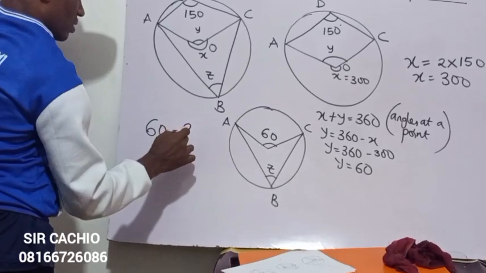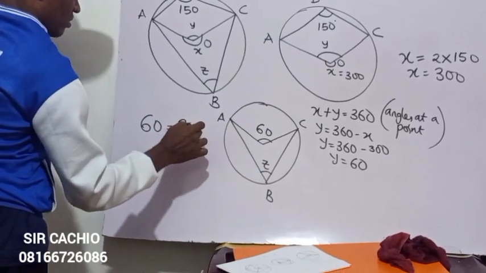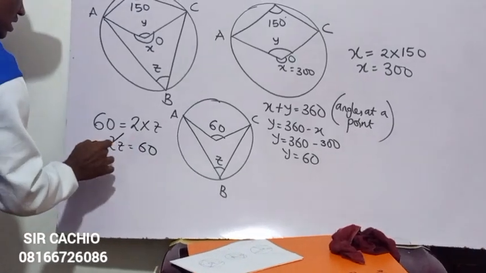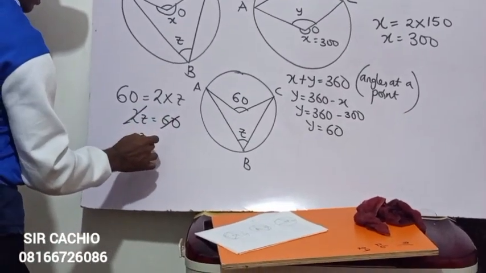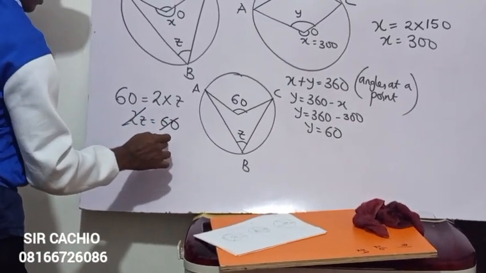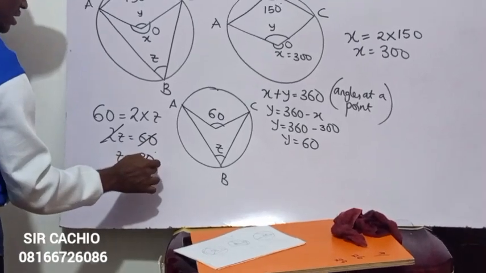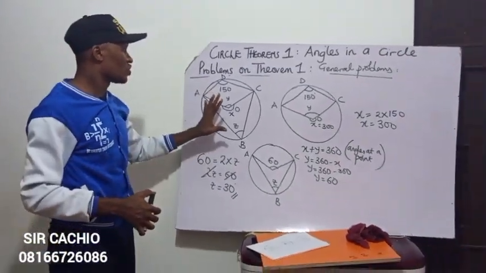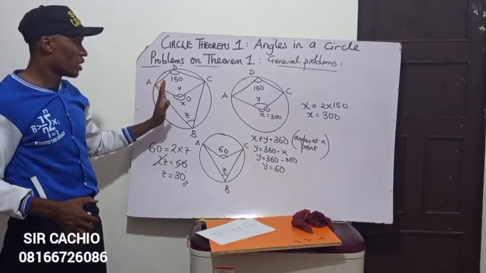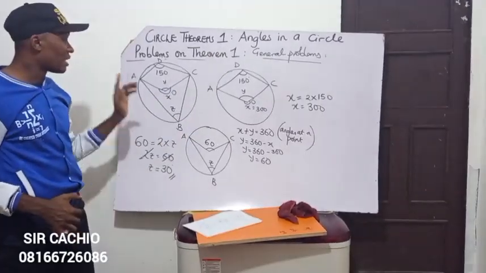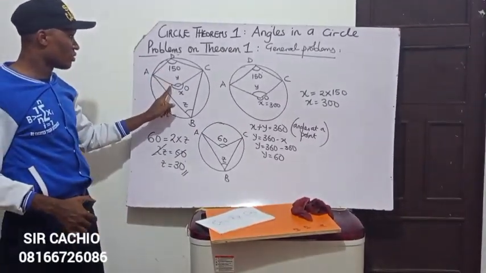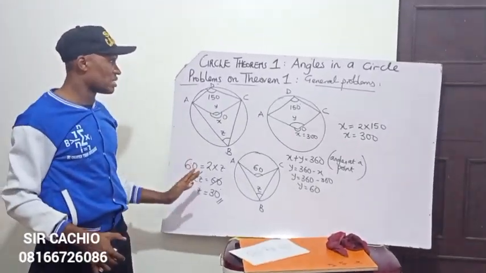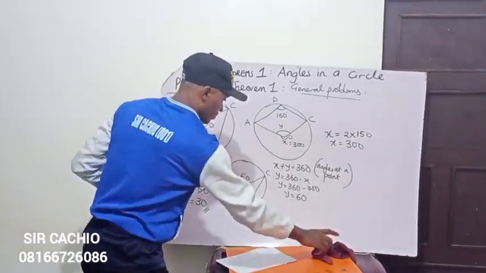Our circumference angle is z, so we have 2 times z. So we have that 2z is equal to 60 degrees. This gives me that z equals 30 degrees. And that's just it. So whenever you're given a problem, try to redraw the problem and check where it is given, so you can easily find the answers. So this is it for this case.